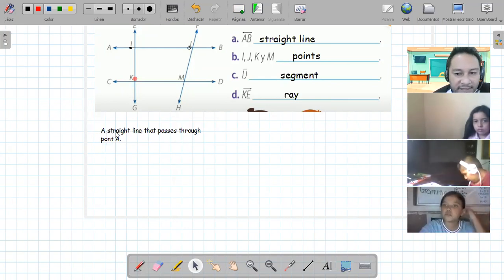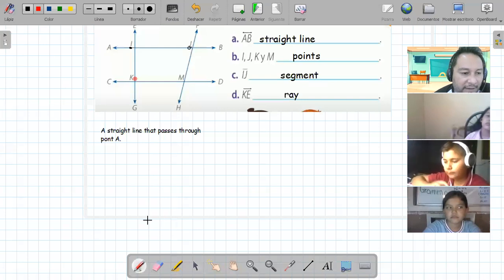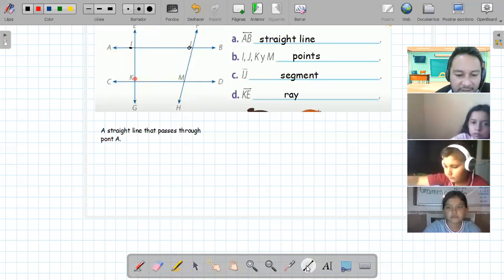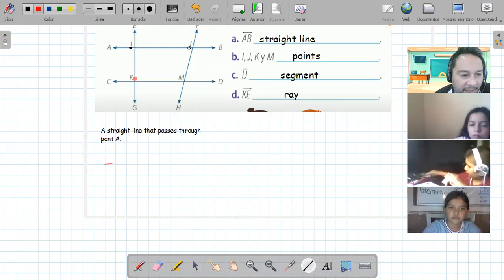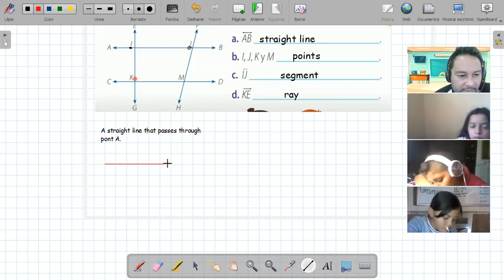What is the first thing that it is telling me? That line that passes through. First of all, I have to draw a straight line.